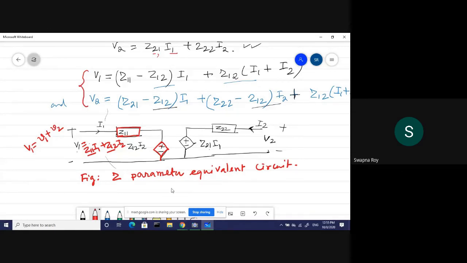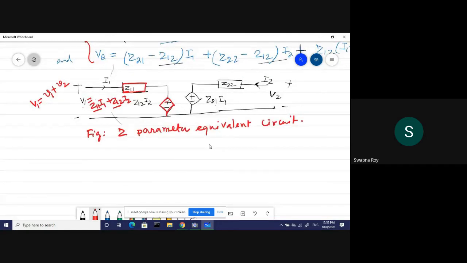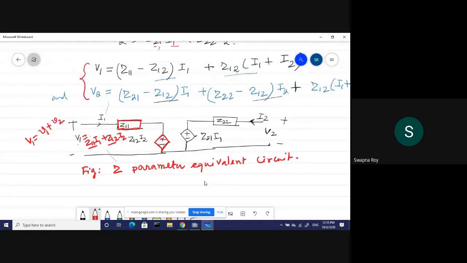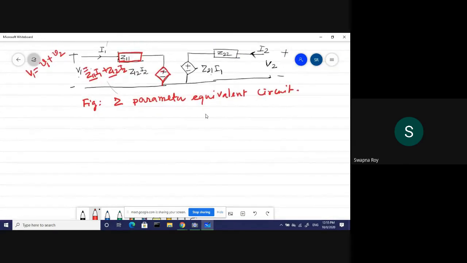These are the basic Z parameter equivalent circuits. So I will draw another equivalent circuit where V1 is equal to Z11 minus Z12 into I1 plus Z12 into I1 plus I2. You know, I have drawn the T network like this, so I will draw this here.